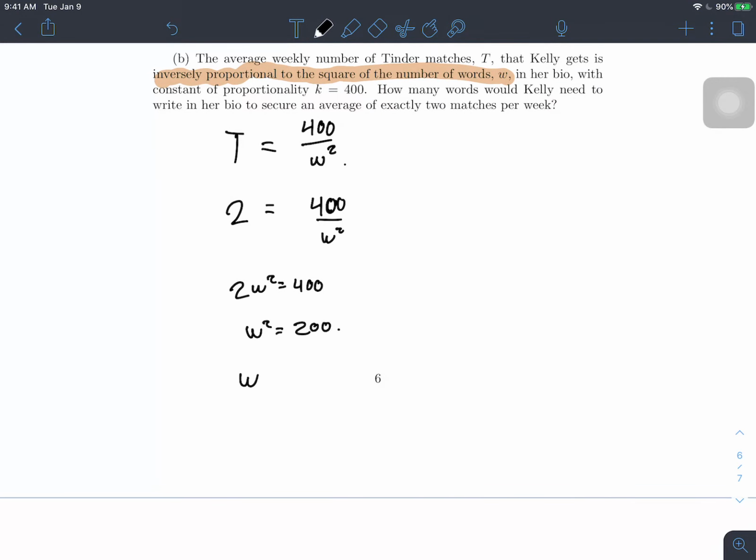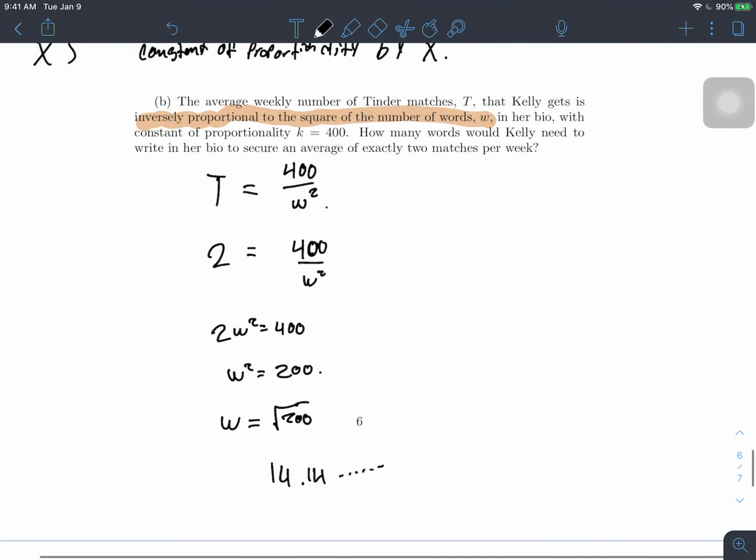So w equals the square root of 200, which, if we type into our calculator, square root 200, we get 14.14 something something something.